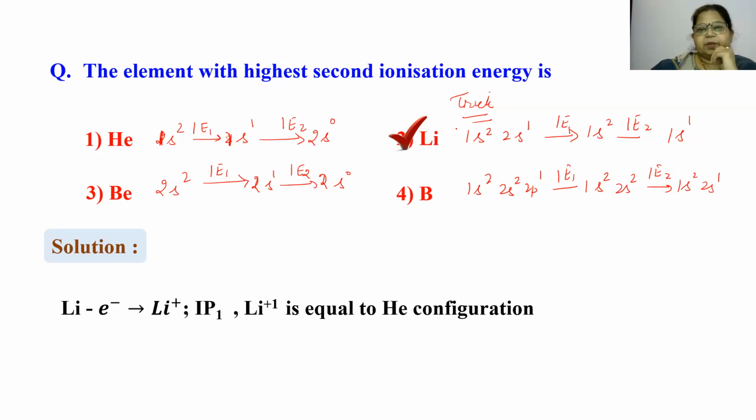Now, can somebody explain it to me? See, the trick is that we don't have to focus on the first ionization potential. In the second ionization potential, in case of helium and beryllium, in both cases you are going to get a more stable configuration, right? But we have to neglect them because as we move across the period, ionization enthalpy is going to increase. So we have to focus on lithium and boron.